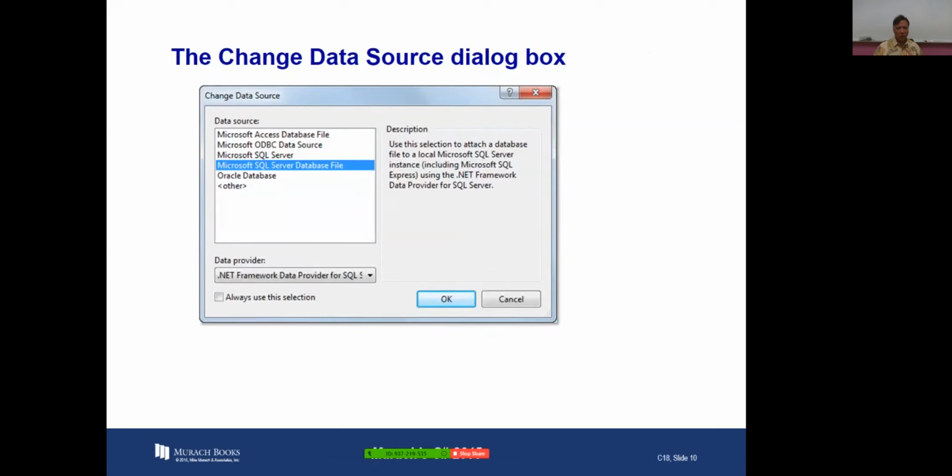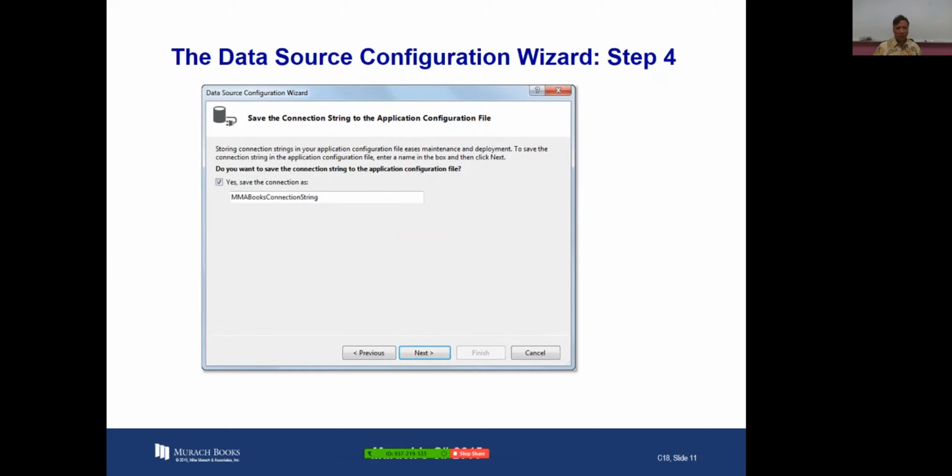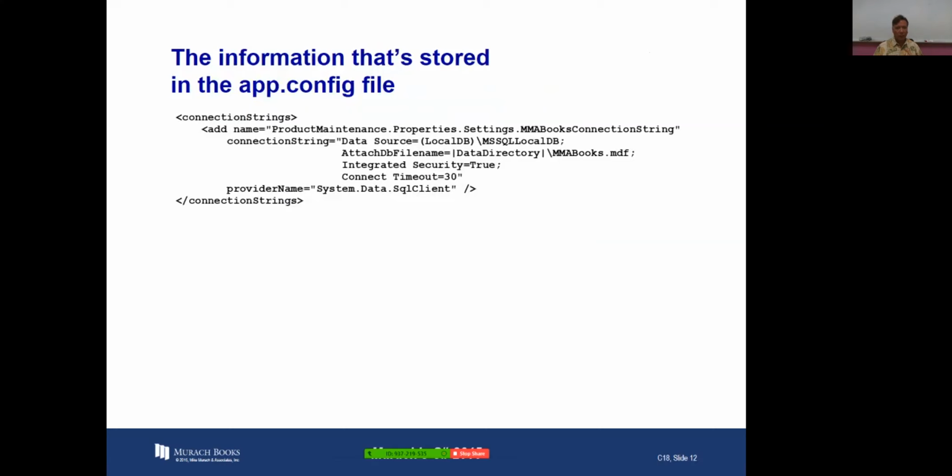This is where we select the data source, we're going to do SQL database server file. And we want to save the name of the connection string. I'm going to just call it that. That's an appropriate name. And then we can go look in our app.config file, and after we're all done, we see the connection string in there.